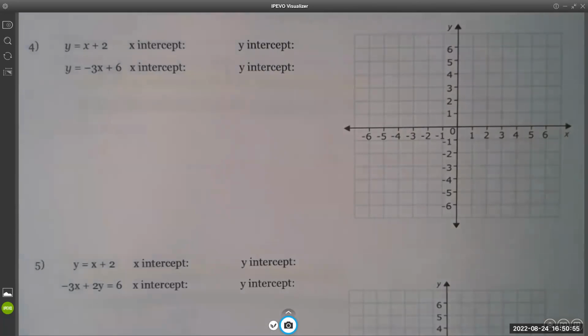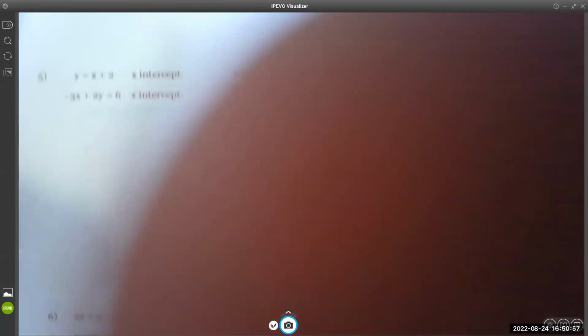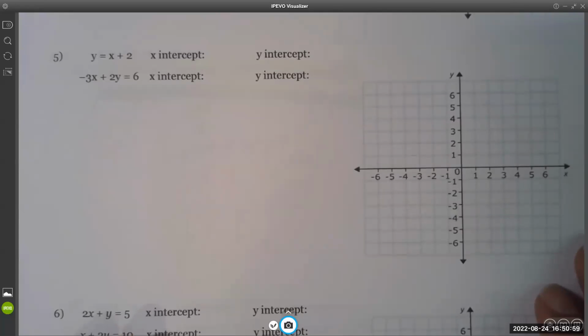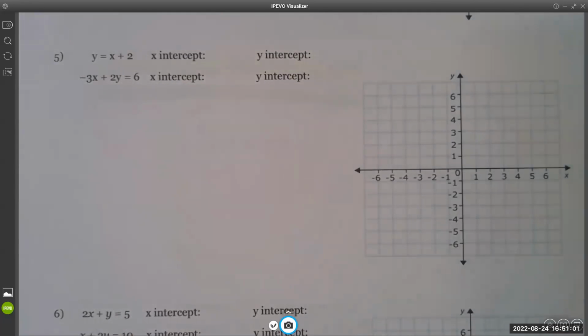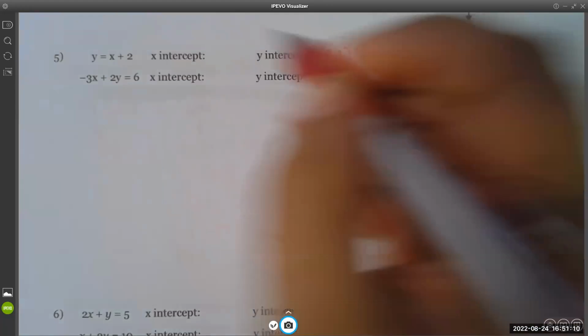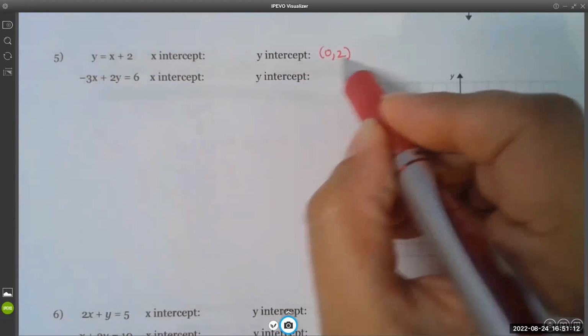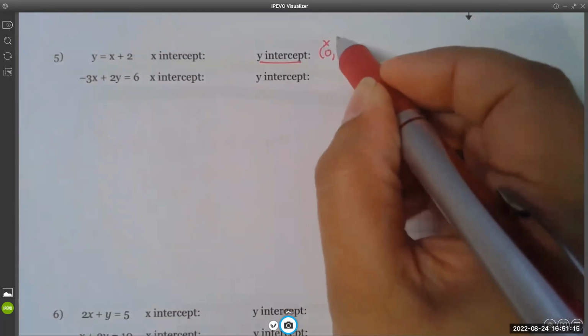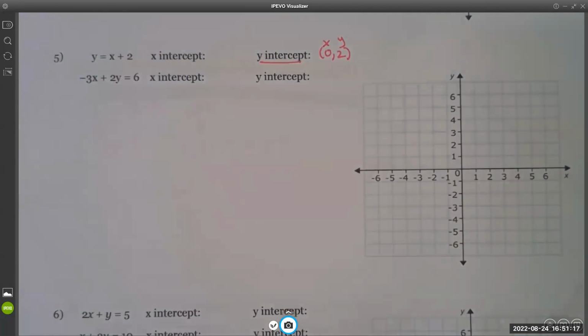Question number 5. When I look at the first equation, it looks very similar to what you've been doing now for a couple of weeks. X-intercept, Y-intercept. For the Y-intercept, I'm going to start by identifying that when X is 0, Y is 2, and that the Y-intercept is the point where the X is 0.